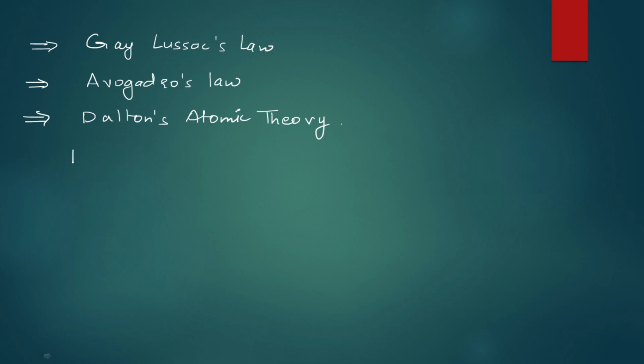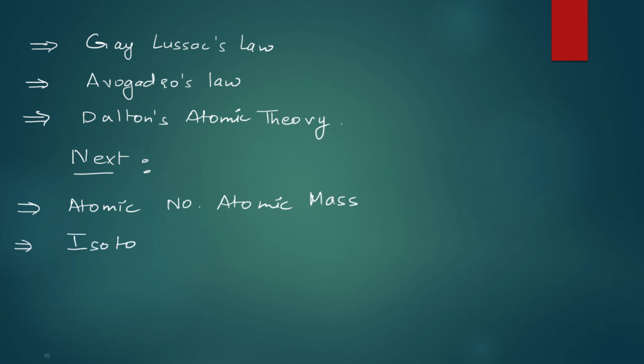In the next video, we are going to do what atomic number is, what atomic mass is, what isotopes are, and what isobars are. Besides that, we are going to do question practice along with the theory of the two videos. So be ready for the next one. Till that time, watch this one.